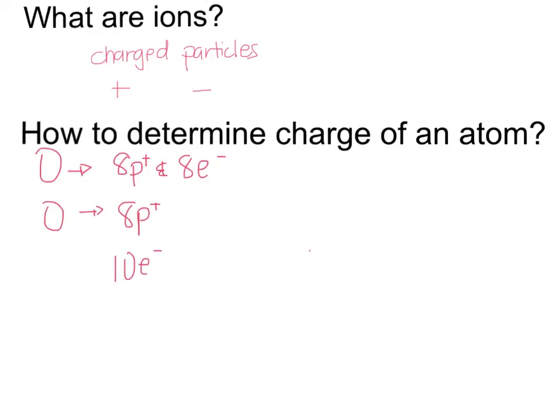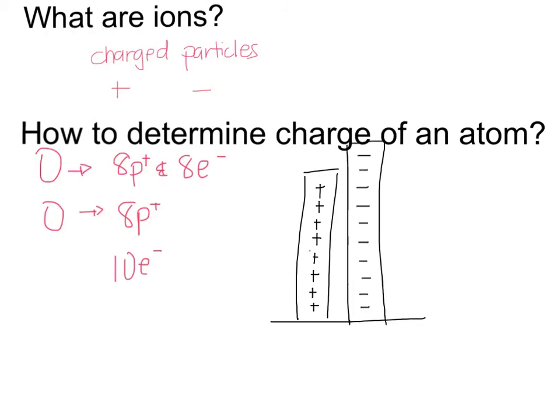If we create the chart with all the charges, here are the 8 positive charges for the protons and the 10 negative charges for the electrons. If you notice, 8 of these do cancel each other out, but once we've canceled them out, we still have these 2 negative charges on the top.